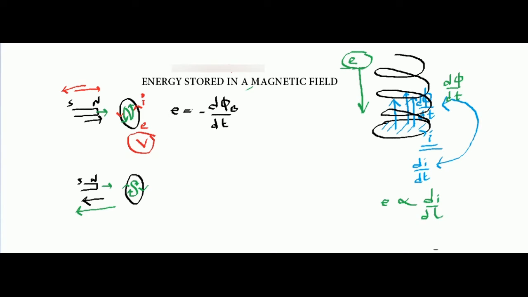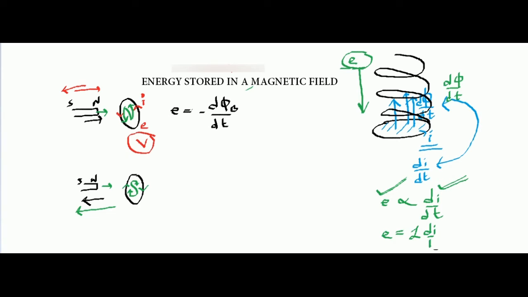As a result, different wires will have different EMF produced for the same changing current. So the property of the wire is important, and the property of the wire is incorporated in terms of a constant L, so the EMF is L di by dt. Agreed? So this is the entire story.